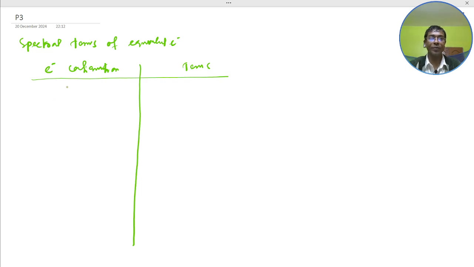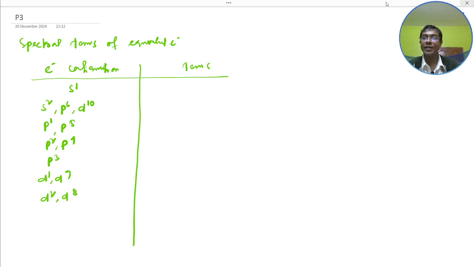So for electron configuration s1, and this is for s2, p6, d10, p1, p5, p2, p4, p3, d1, d9, last one d2, d8.